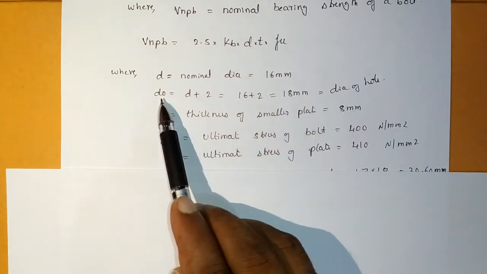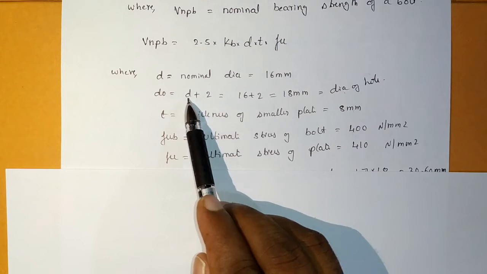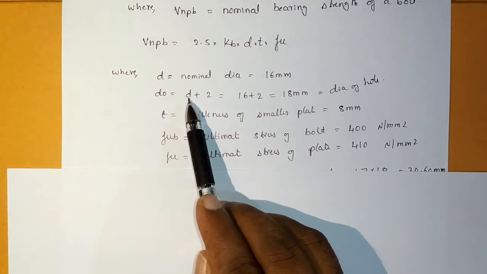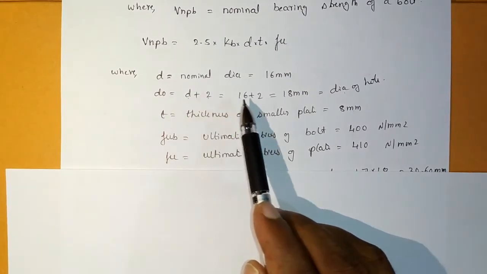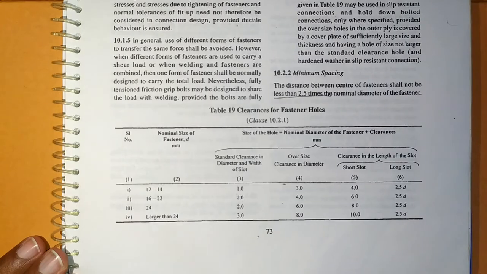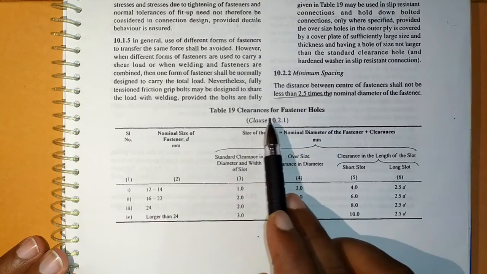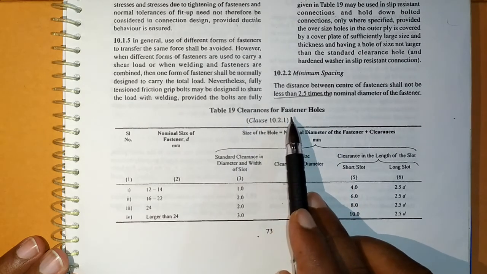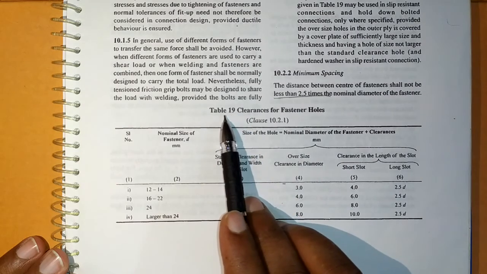d naught is the dia of the hole. Diameter of the bolt is 16 millimeter and hole clearance is 2 millimeter. Dia of the hole is 18 millimeter. Clearance for fastener holes is given in page number 73, table number 19 of IS 800 code book.